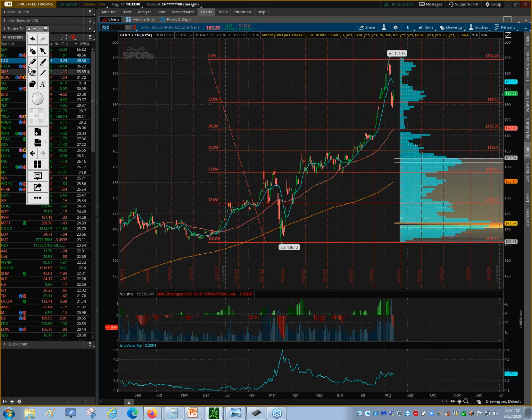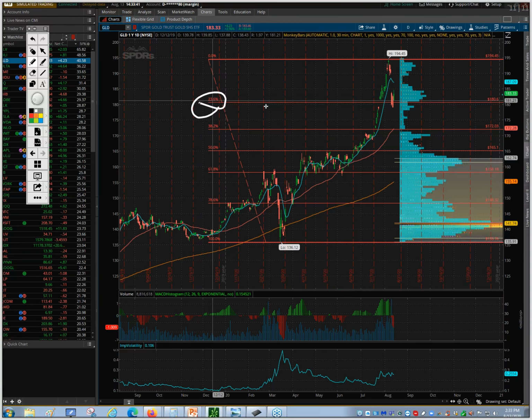But for purposes of this, I'd say if it breaks below here again, I'm out, right, for a loss. And I would write that down. A settlement below, let's just say 180, I'm out. Okay? I'd pull the ripcord on it.